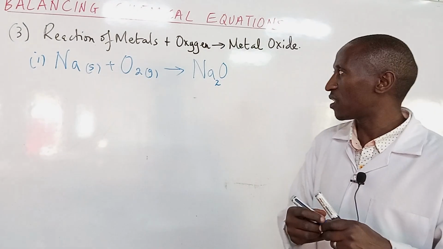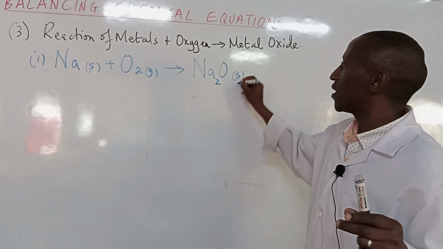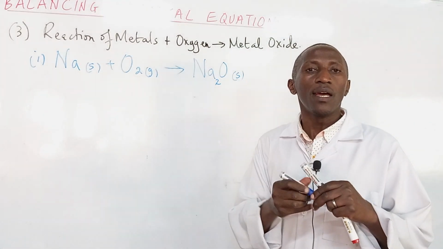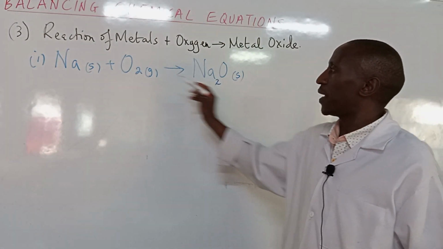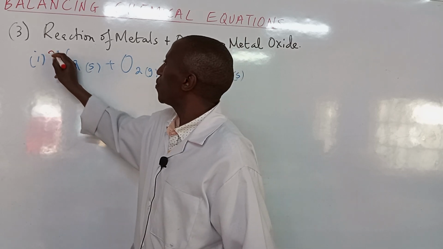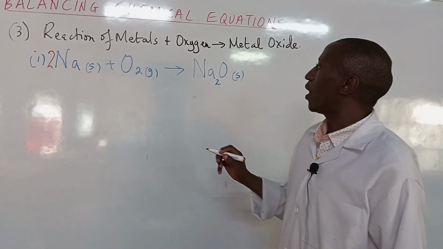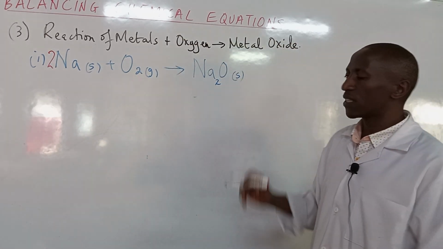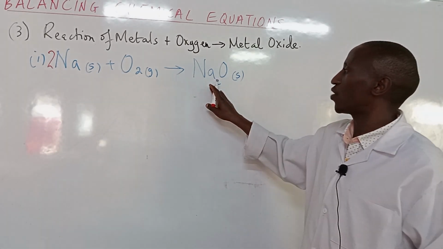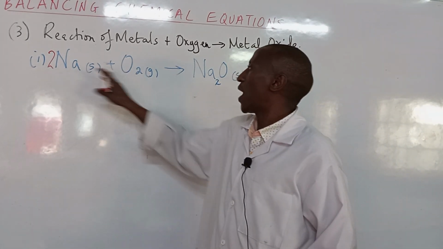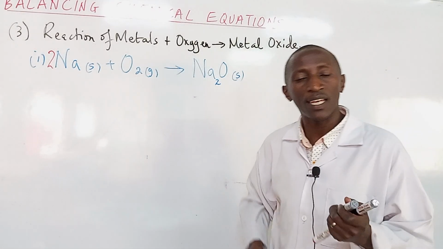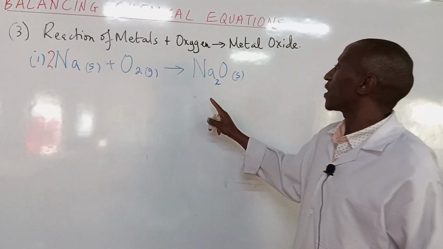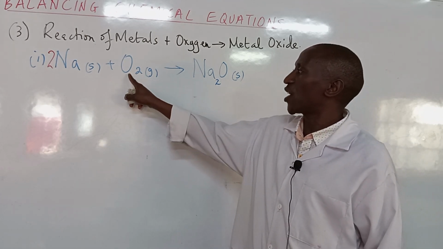Now, how is the balancing therefore? And sodium oxide will occur as a solid. We have 2 atoms of sodium, yet here we have 1. So we introduce a 2. And that takes care of the sodium. 2 here, 2 here. However, if you look at oxygen, which we said is a gas and occurs as diatomic, you'll find that we have 1 and here they are 2.